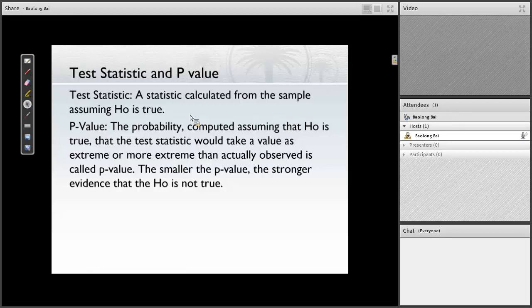The smaller p-value, the stronger evidence that the null hypothesis is not true. So the smaller p-value will lead us to reject the null. Okay, so read the p-value definition a couple of times. The probability computed assuming that the null hypothesis is true, that the test statistic would take a value as extreme or more extreme than the actually observed values. And that probability is called a p-value.